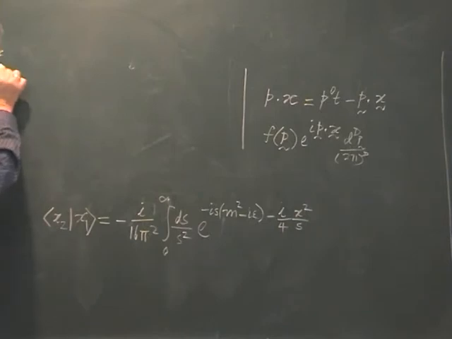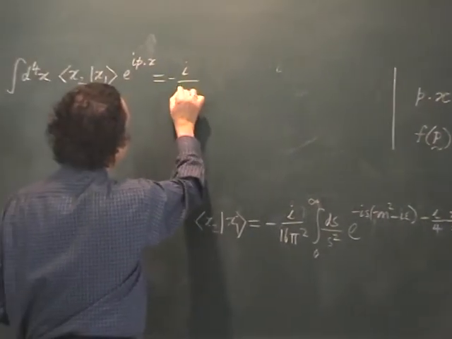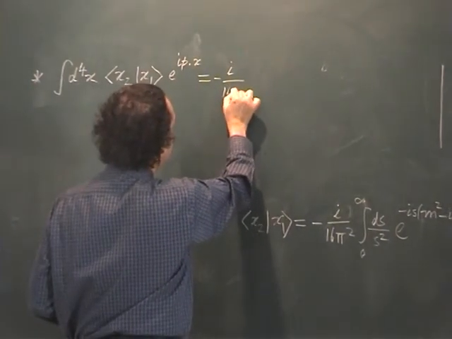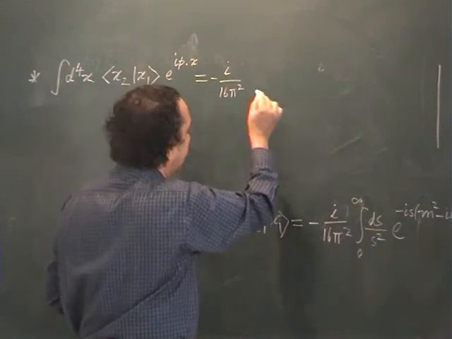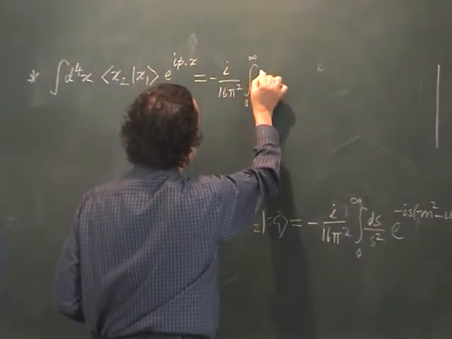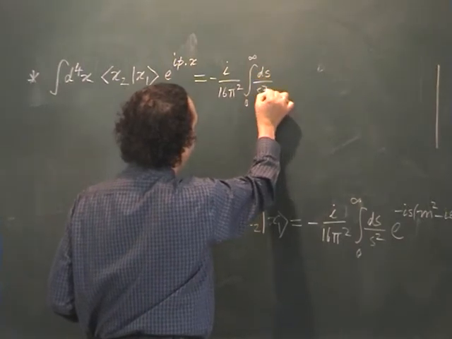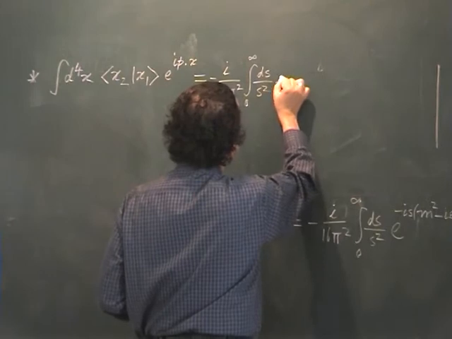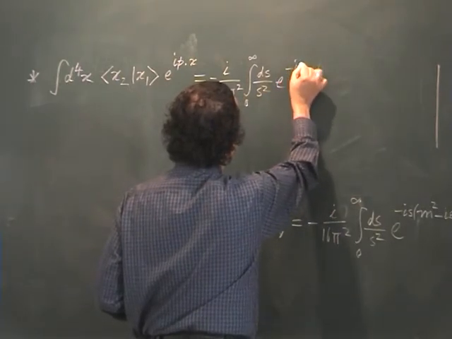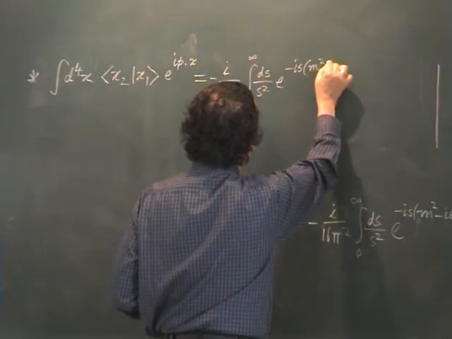So this is given by plugging it in and doing the integral. I have minus i upon 16 pi square, integral 0 to infinity ds over s square, e to the minus i s times m square minus i epsilon.